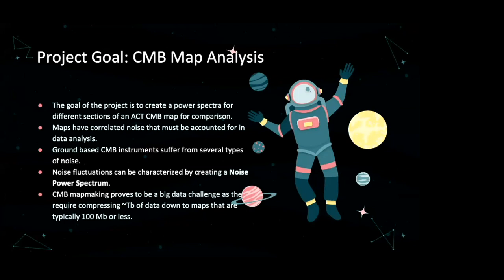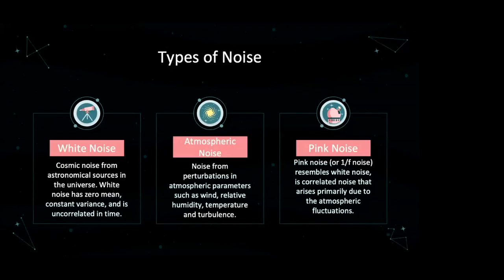I also want to note that the CMB map making process is a huge data challenge. It's a lot of data. It requires big computing processing, and as it says here, it's about a terabyte of data that we compress down. Even with these compressed maps, it's still very hard to run the code on them. So here are the types of noise, more specifically.